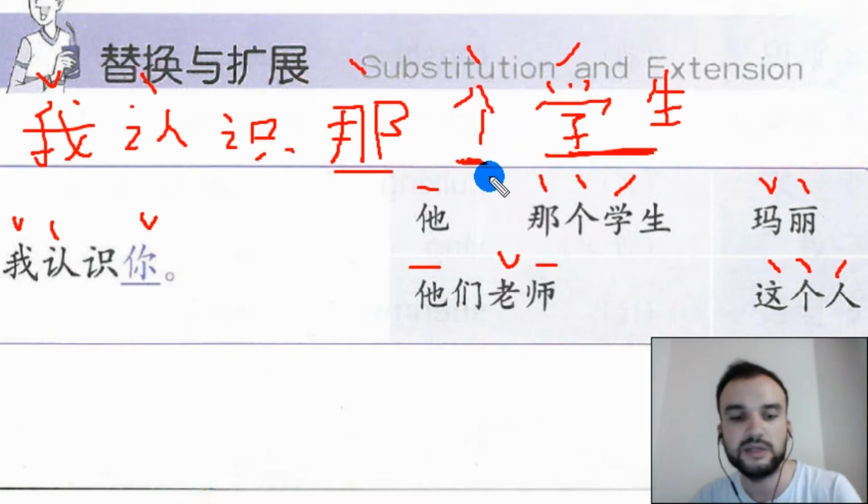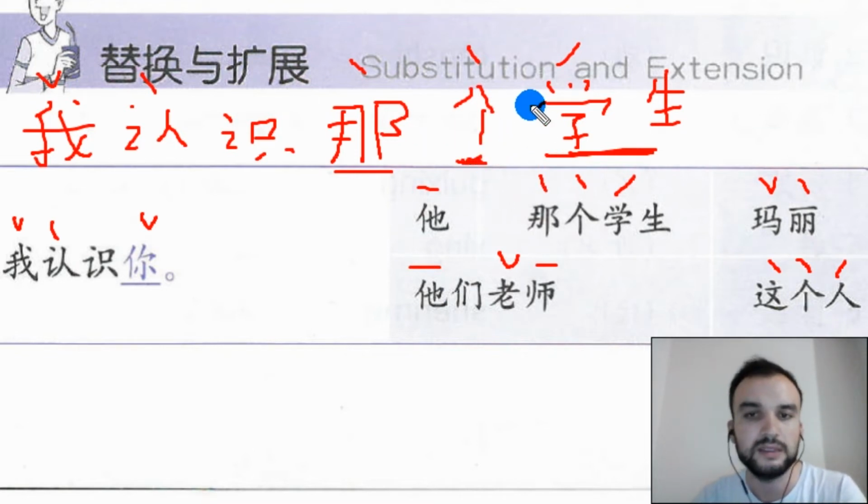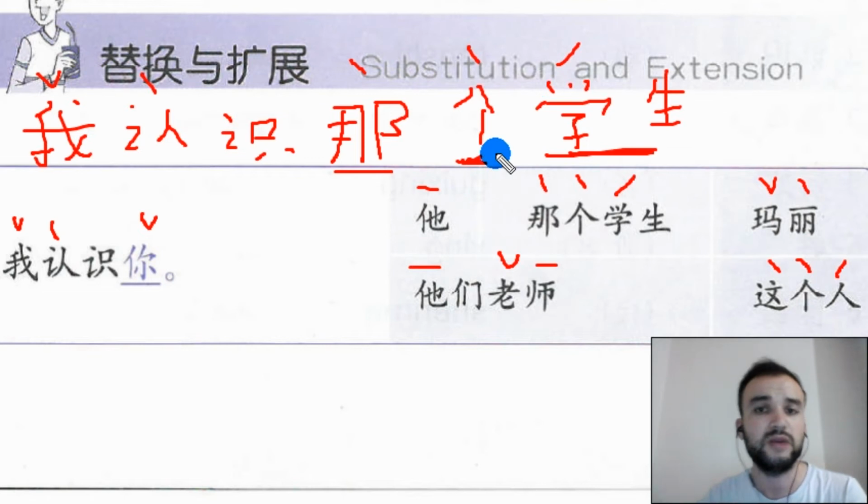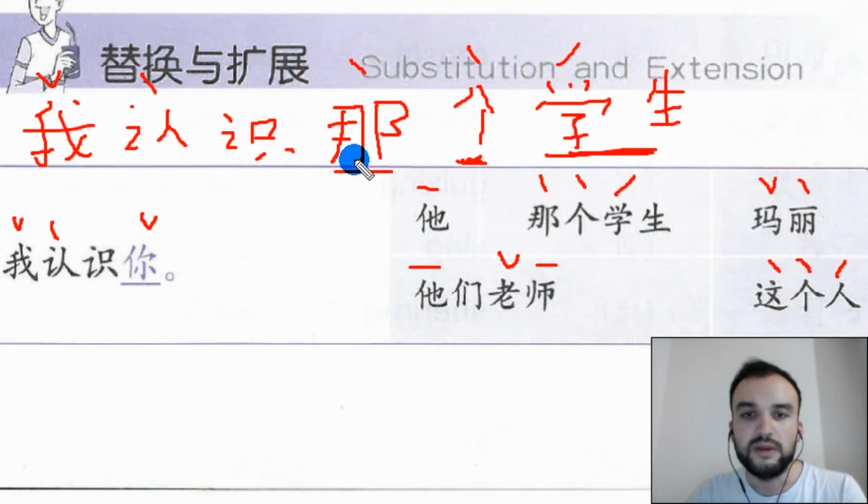For now, you just learn like this, and we don't have a lot of measure words. For example, for book, its measure word is 本. For example, 五本书 means 5 books. Here, we will learn 那, 个, and 这. Okay. I hope you understand this.